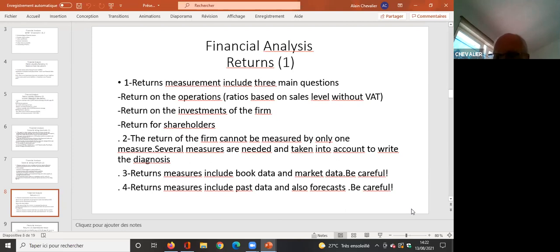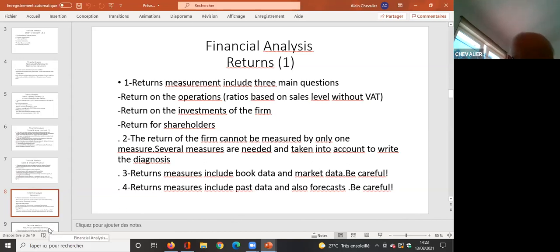So there is also a problem of homogeneity. So homogeneity has different questions. Inflation, that's clear. VAT also, which is an important one, and other questions of homogeneity.